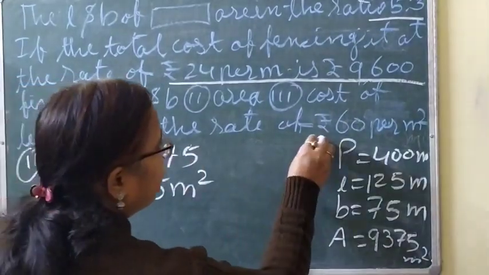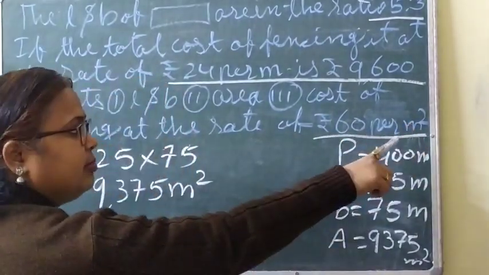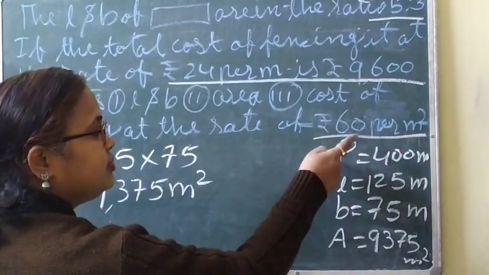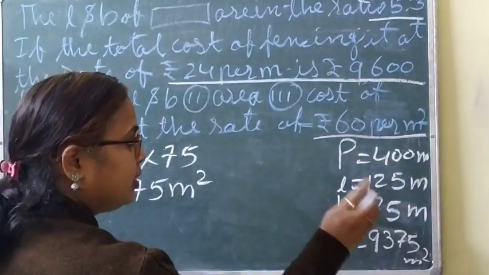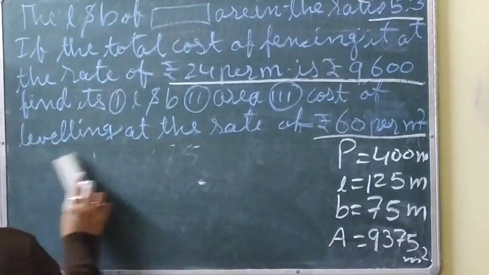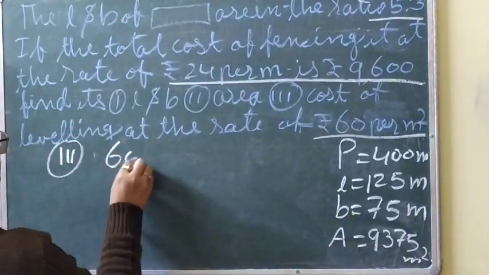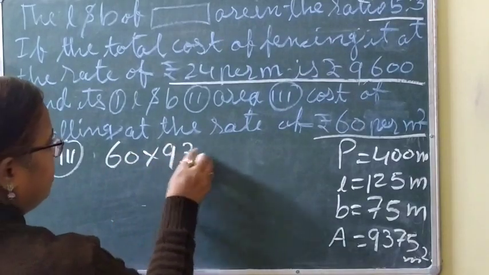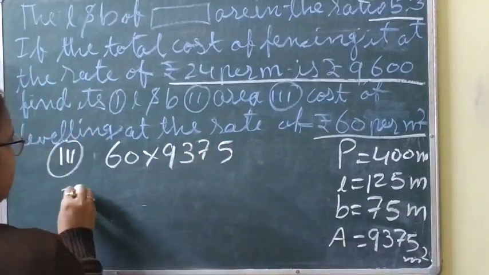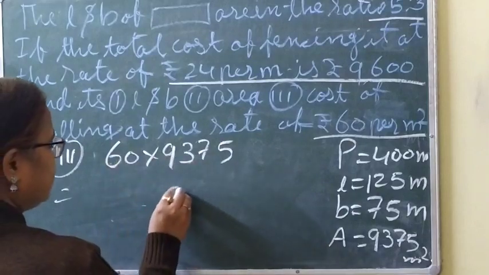At the rate of rupees 60 per square meter. Remember here per square meter. Means we have to multiply this cost with area. Clear? So subpart 3. So 60 into 9375. So now let's multiply.